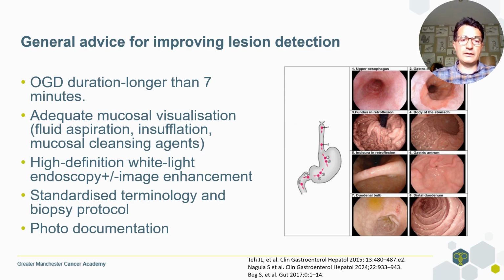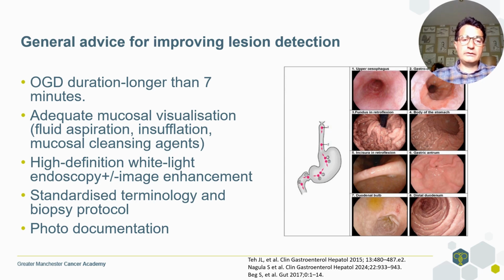The general advice for improving lesion detection is spending longer time during gastroscopy. So at least 7 minutes should be spent looking at different areas of the upper GI.